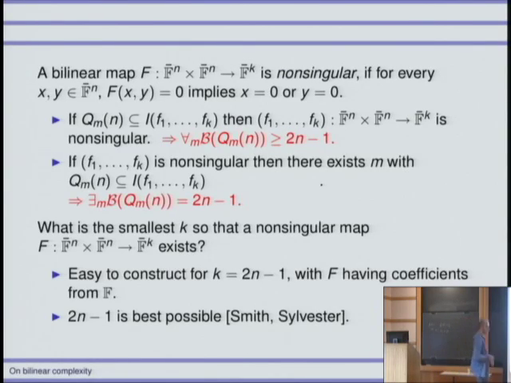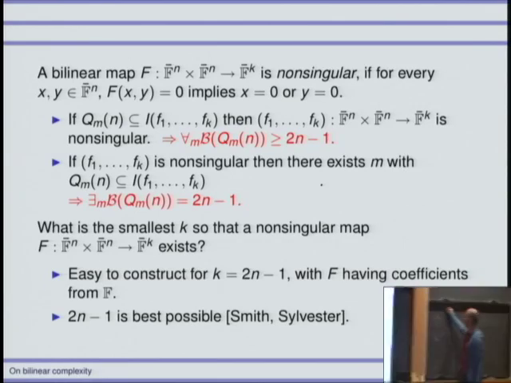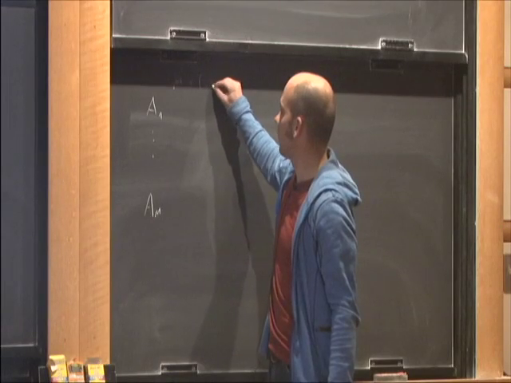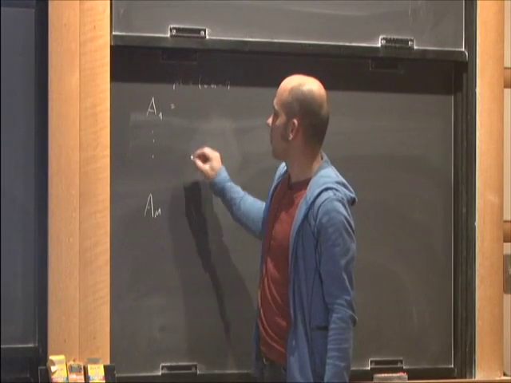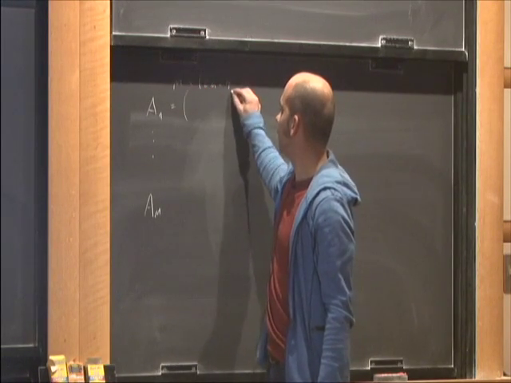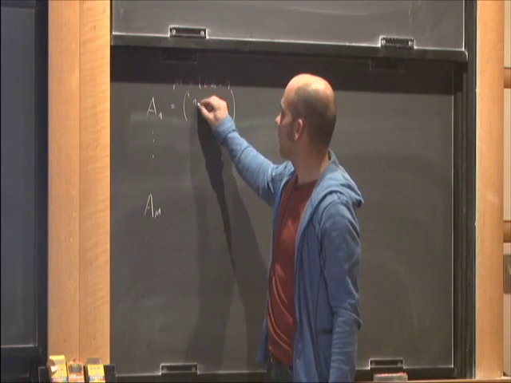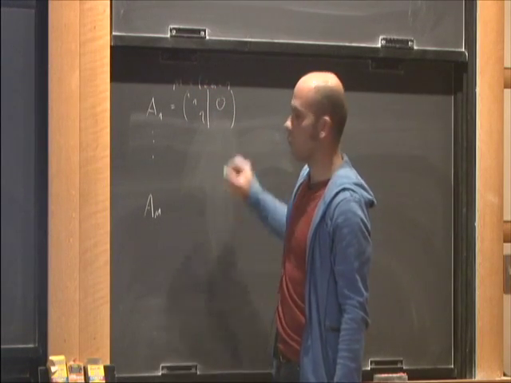I'll show you the easy construction of the non-singular bilinear map. So consider matrices A1 through An, which are matrices of dimension n times 2n minus 1, which look as follows. A1 is just the identity matrix followed by zeros.